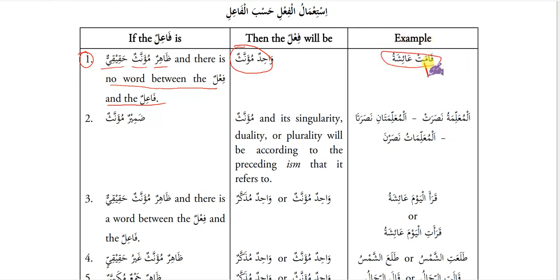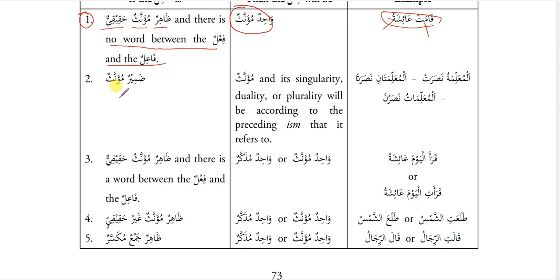There is a fi'l, there is a fa'il. Rule number 2. If fa'il is zamir muannas, then the muannas and its singularity, duality or plurality will be according to the preceding ism that it refers to. For example, al-muallimatu nasarat. Here al-muallimatu is written first, so this is wahid, so fi'l is wahid.